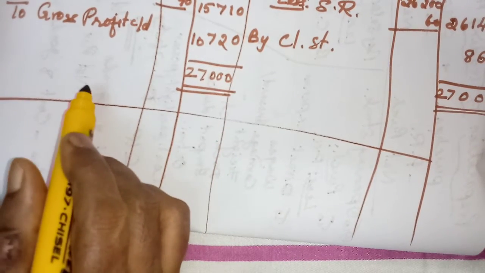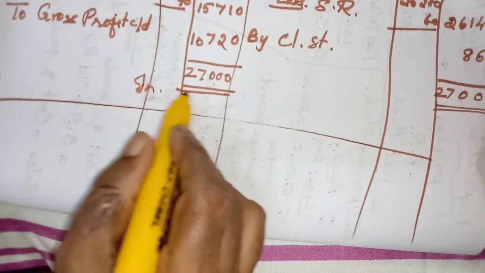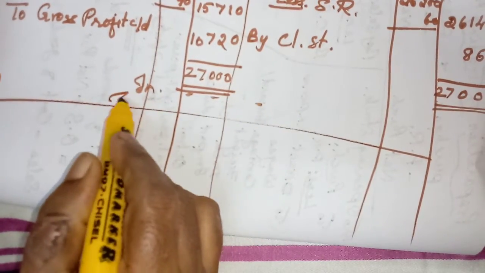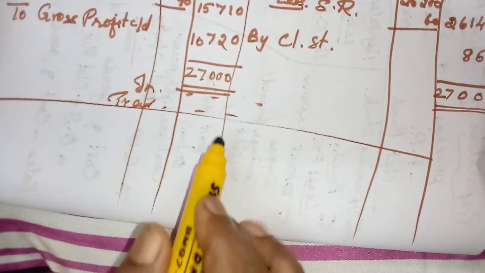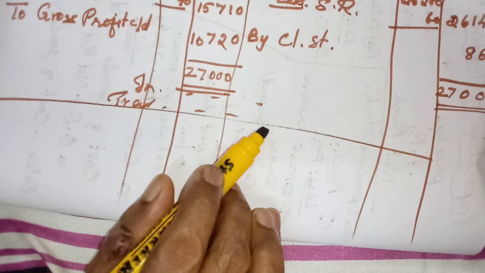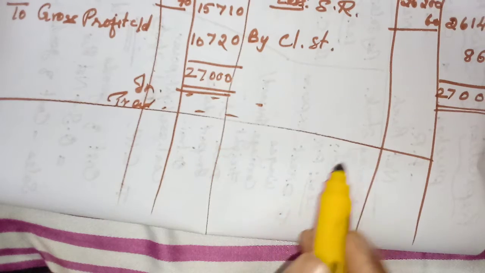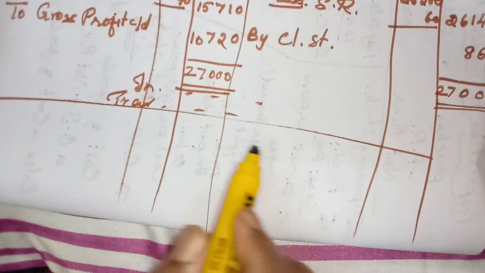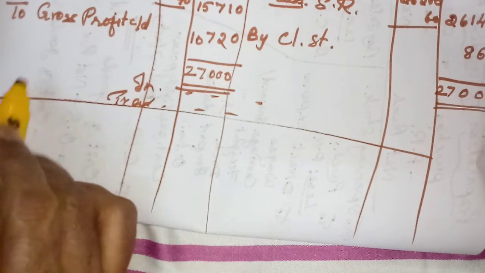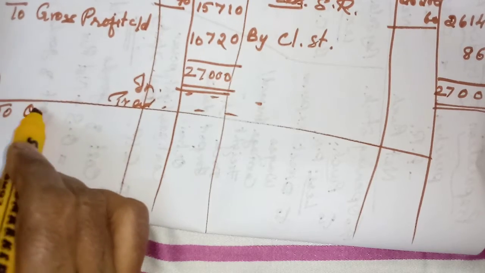We will write the heading: in the books of. Then trading account, you write fully, for the year ended 31st December 2017.